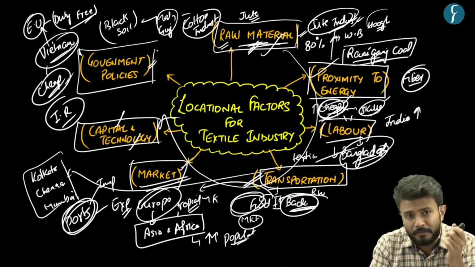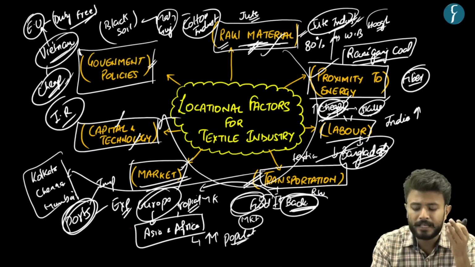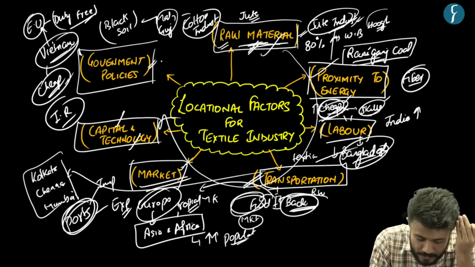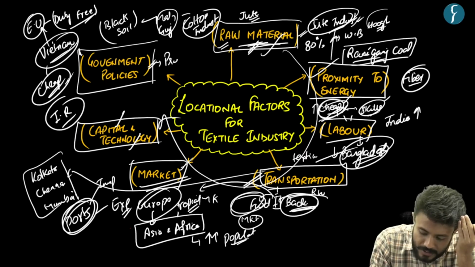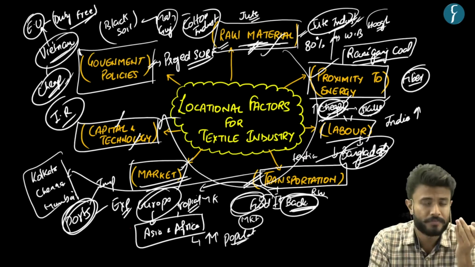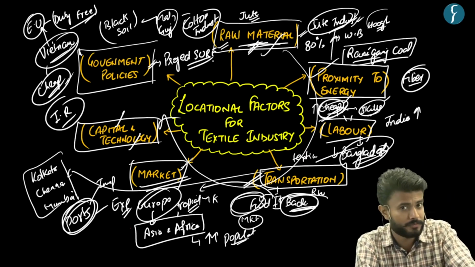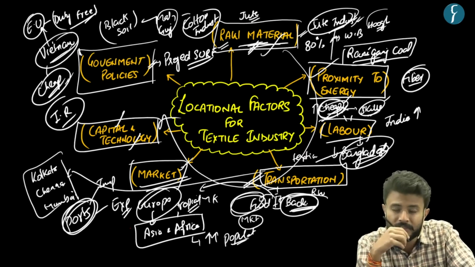Now, if you take the example of India also, we know that the Indian government is taking a lot of steps. They have come up with several schemes. For example, they have started Project Sure, right? If you know, then okay. If you don't know that, just have a look at what Project Sure is. It is basically for the textile industry.